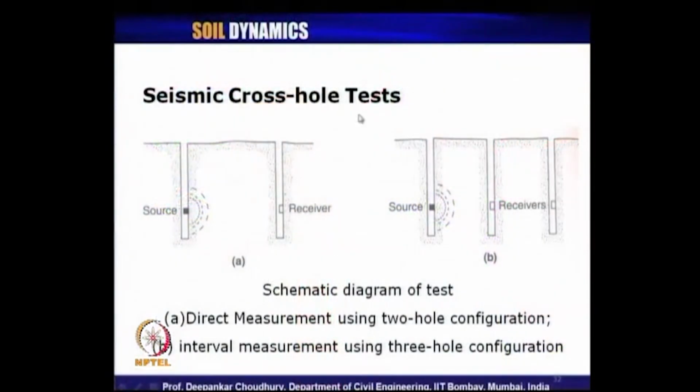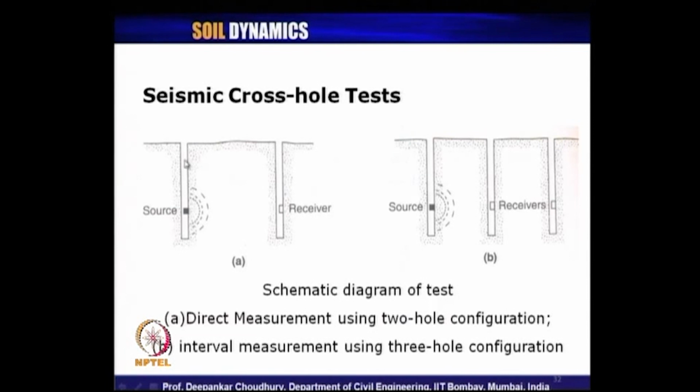Some other types of direct test for determination of dynamic soil properties are the seismic cross hole test. This is the schematic diagram showing the direct measurement using two boreholes.